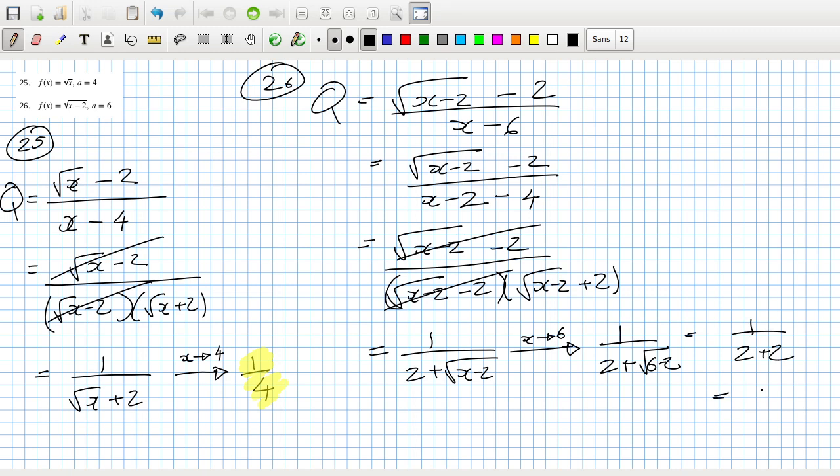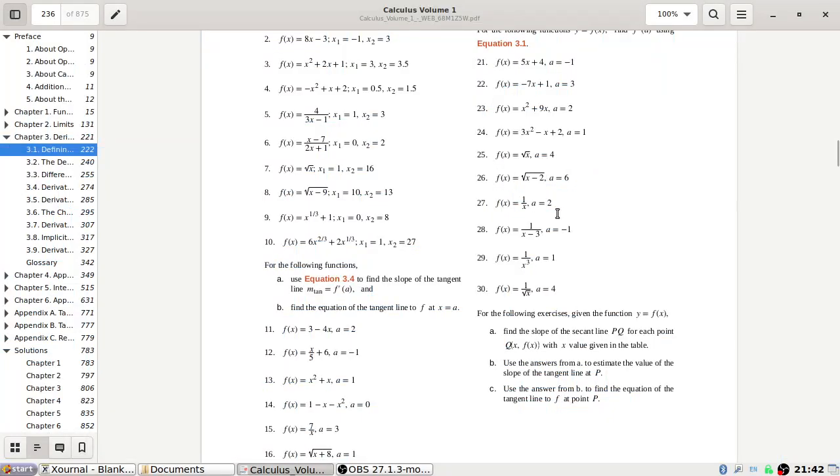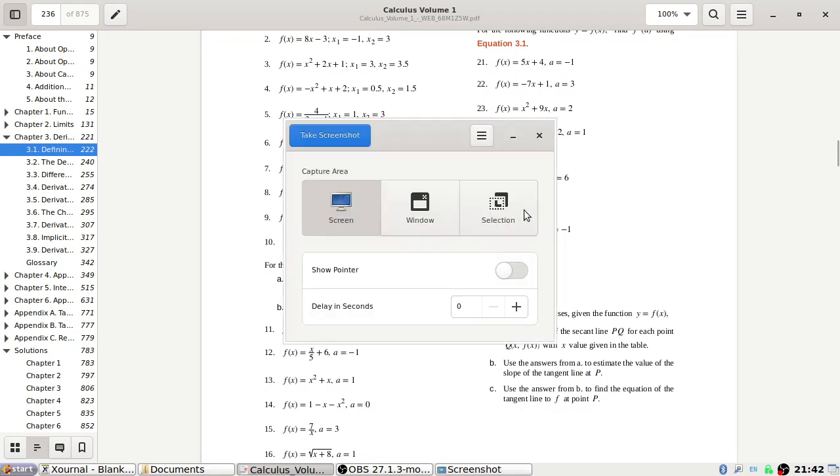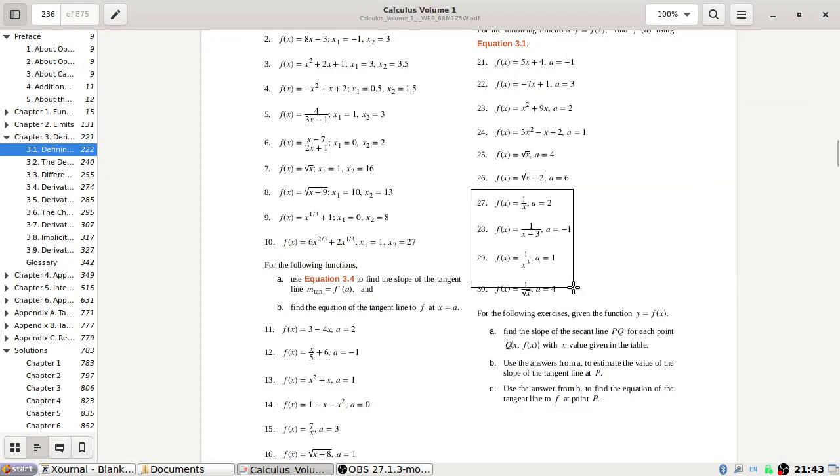So that's a quarter. Okay, that's 25 and 26. So then we'll have 27 to 30.